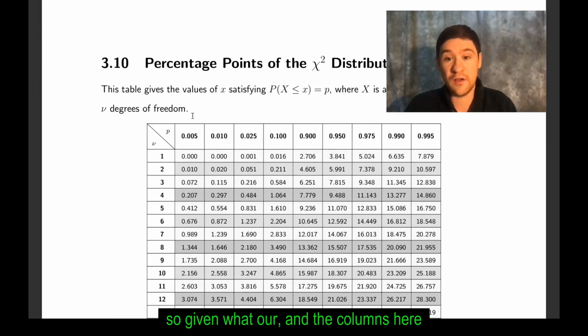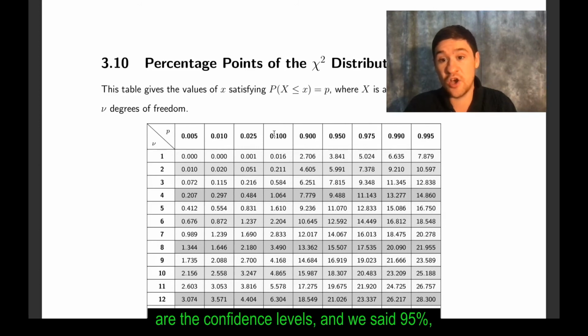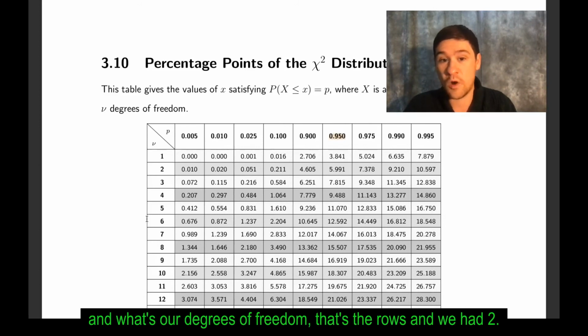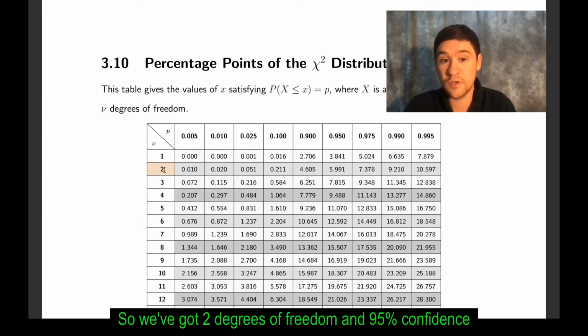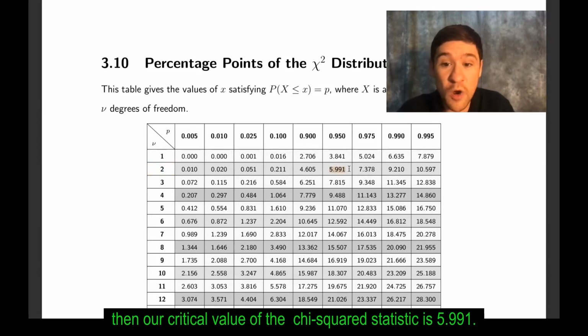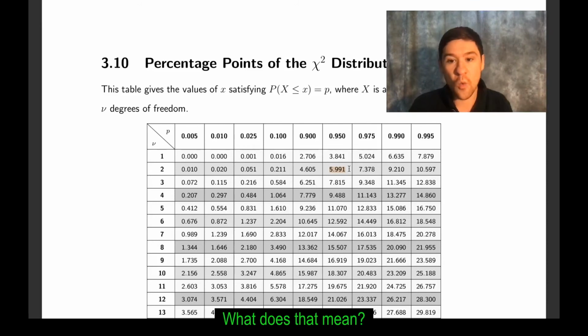The columns here are the confidence levels, and we said 95%. And our degrees of freedom are the rows, and we had 2. So with 2 degrees of freedom and 95% confidence, our critical value of the chi-squared statistic is 5.991.